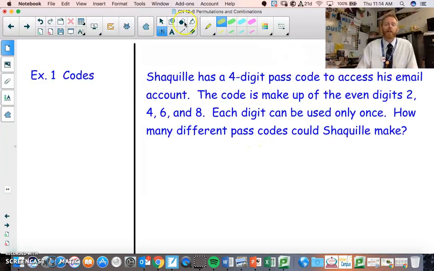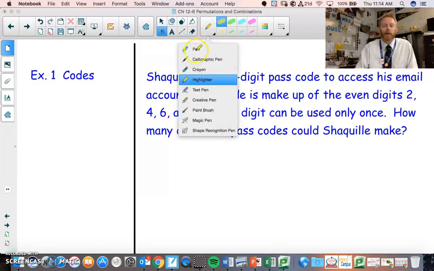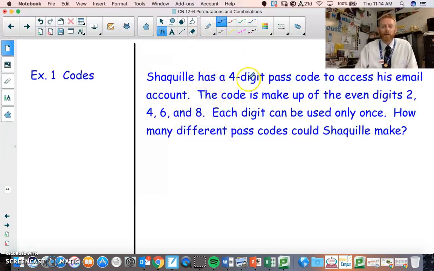All right, so let's check it out on this particular one. We have Shaquille. He has a 4-digit passcode to access his email account. The code is made up of even digits, 2, 4, 6, and 8. Each digit can only be used once, so how many different passcodes could Shaquille make? This is just us doing 4 factorial, because there's just those numbers.